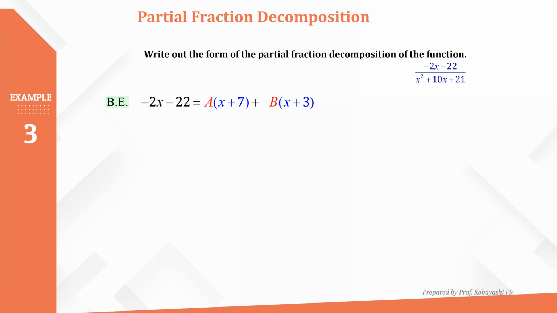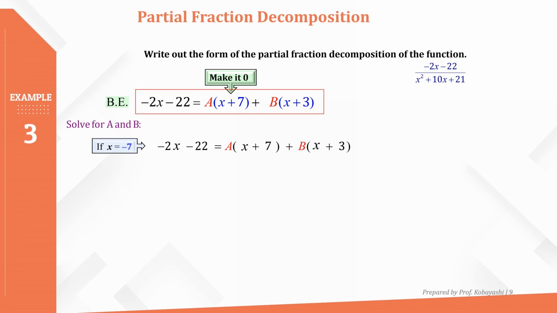Since we have the basic equation, we now need to find the constants A and B. Substituting the roots or zeros of x plus 7 or x plus 3 can help. The root for x plus 7 is negative 7, so substitute negative 7 into the basic equation and simplify and solve the equation to get B equal to 2.